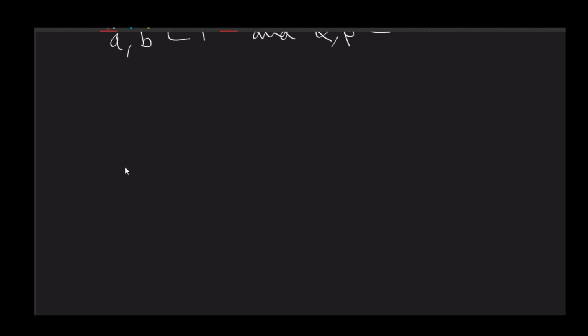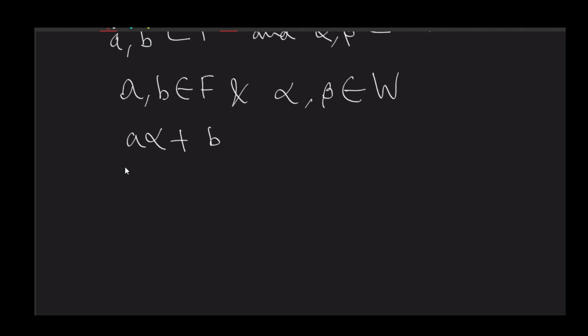That we want to prove that if a, b belongs to F and alpha, beta belongs to W, then if a alpha plus b beta belongs to W, that is closure, and this also gives us a necessary and sufficient condition to claim that W is a subspace.